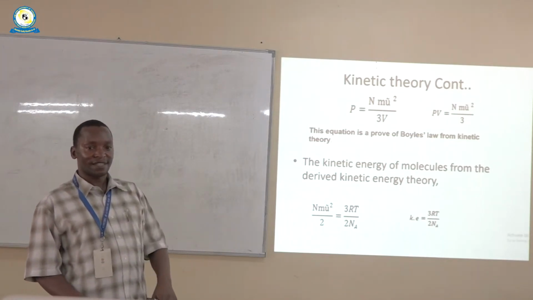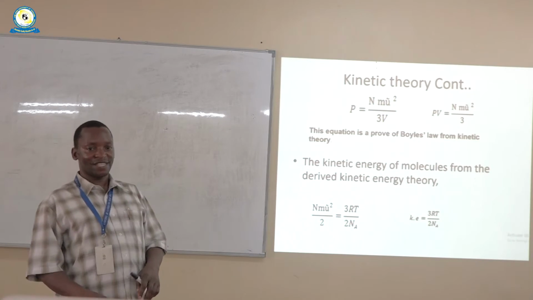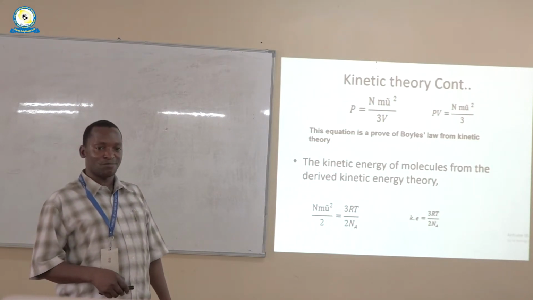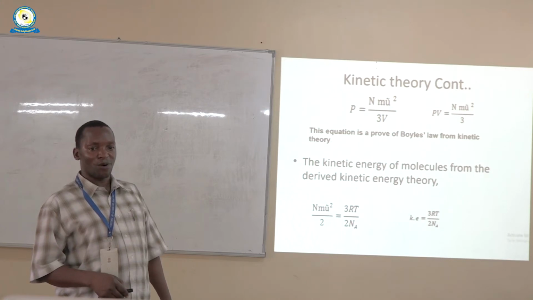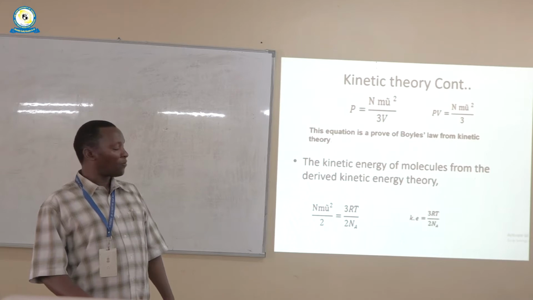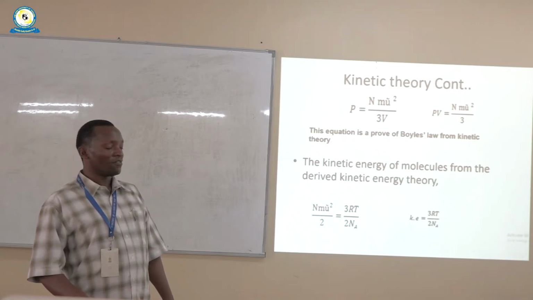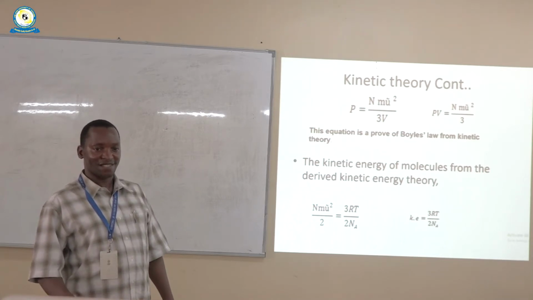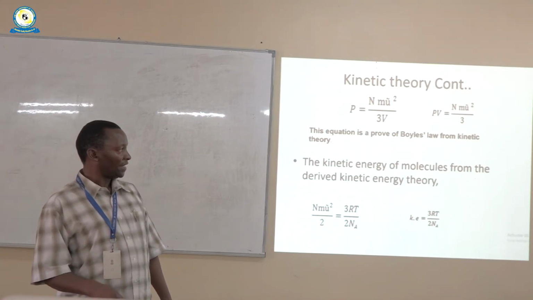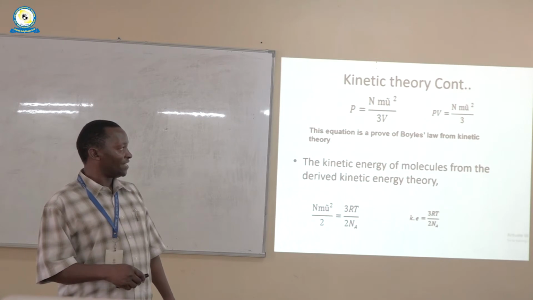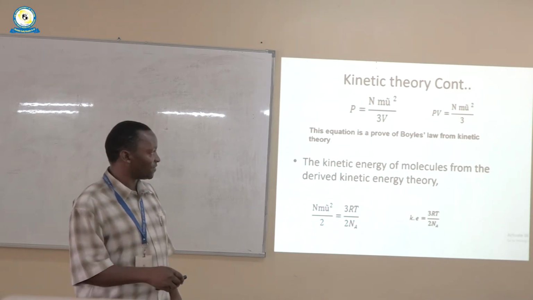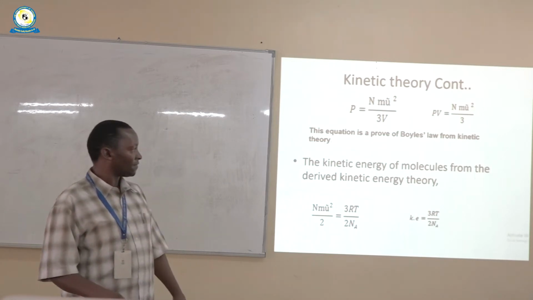In this derivation, we are trying to prove Boyle's law, where volume is inversely proportional to pressure, and PV is equal to constant.